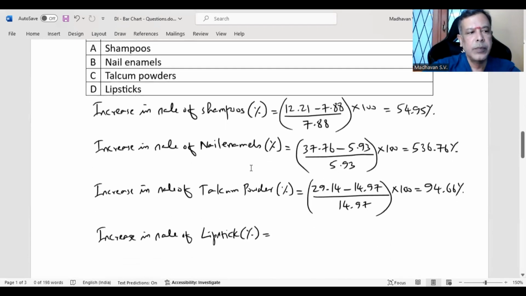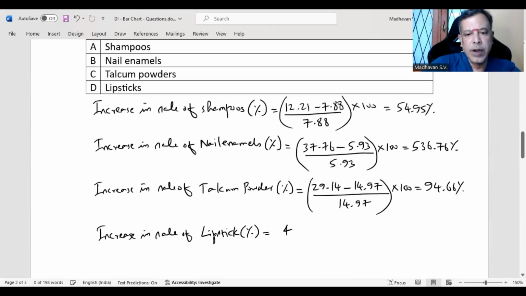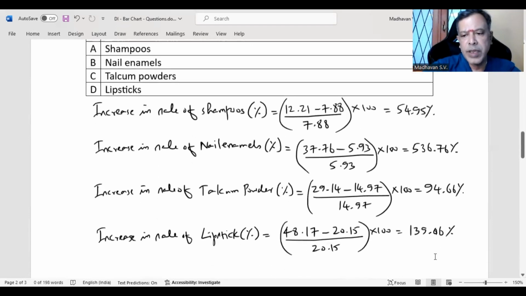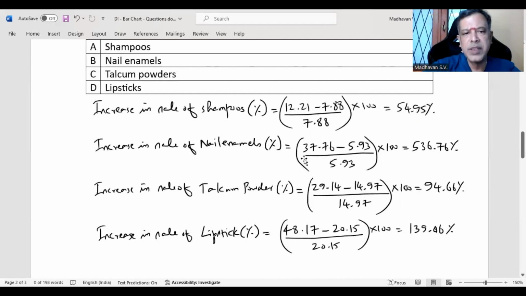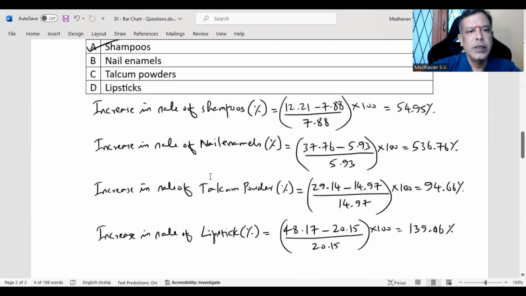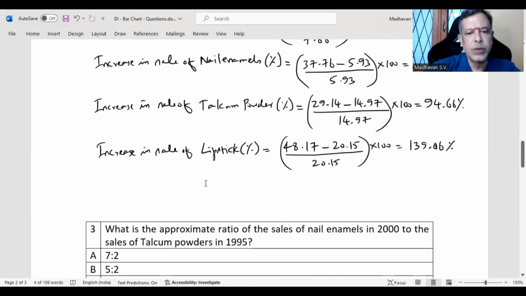So we will calculate that: 48.17 minus 20.15 divided by 20.15 multiplied by 100. If we calculate this, we will get 139.06 percentage. So the question here is minimum rate of increase. Minimum rate of increase, if we look into these numbers, minimum is in shampoos. So our option is A. That is the answer for this. Let us move on to the next question.